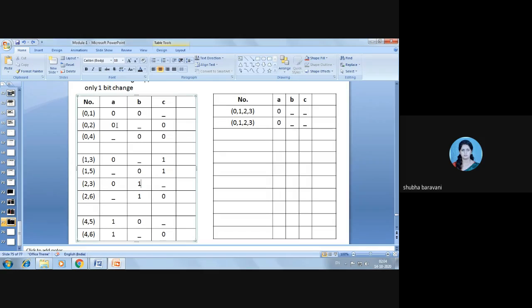Okay. Now second combination I'll check. 0 2 with 1 3. Can I do this? 0 2 and 1 3.